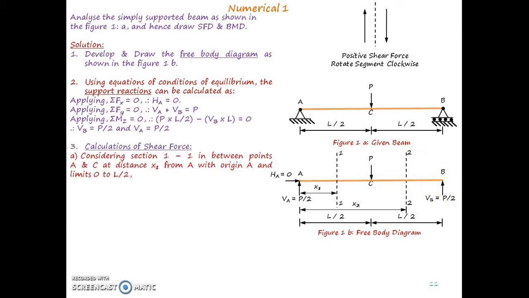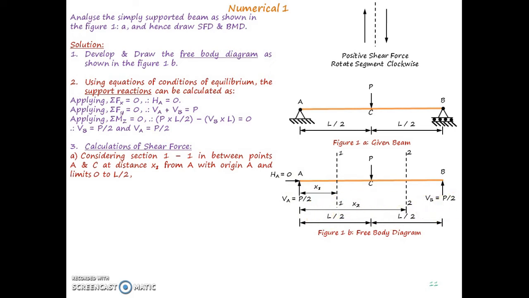So first part for calculations of shear force, considering section 1-1 in between points A and C at a distance x1 from A. If this section is applicable from A to C, then limits with origin as A will be 0 up to L by 2.